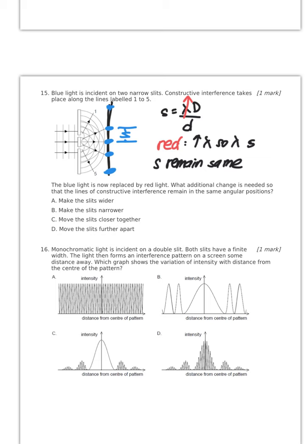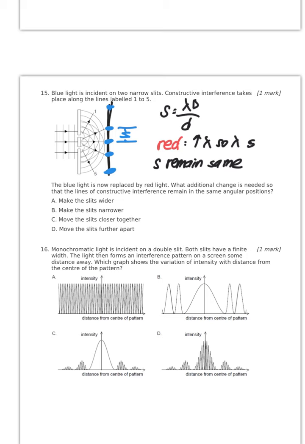I can see that S and λ are directly proportional, and S and the slit separation are inversely proportional. So by increasing the wavelength, that increases the separation between the fringes on the screen.